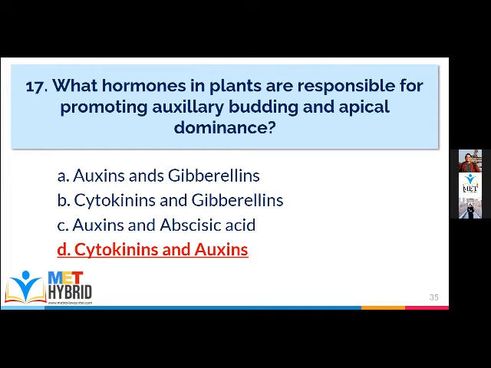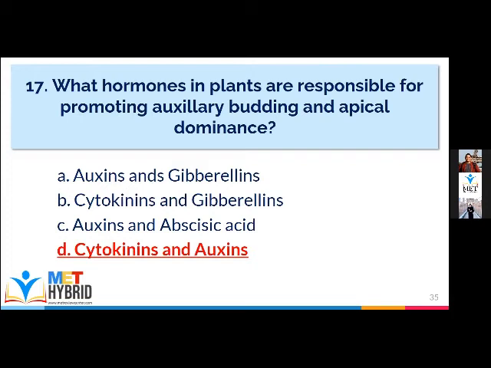Now, when you go to cytokinins, these are the plant hormones that are actually for auxiliary budding. These are the hormones that initiate the formation of your buds. Lastly, abscisic acid is the plant hormone which is antagonistic to your gibberellin. When you say antagonistic, the function of your abscisic acid is quite the opposite of your gibberellin.